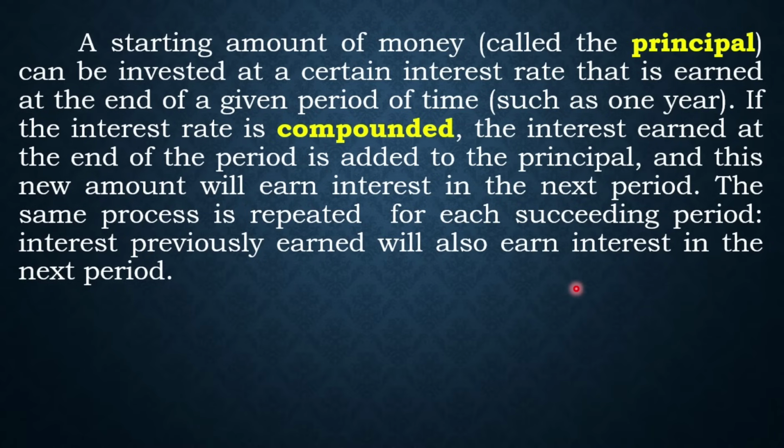If the interest rate is compounded, the interest earned at the end of the period is added the principal, and this new amount will earn interest in the next period of time. The same process is repeated for each succeeding period. Interest previously earned will also earn interest in the next period.